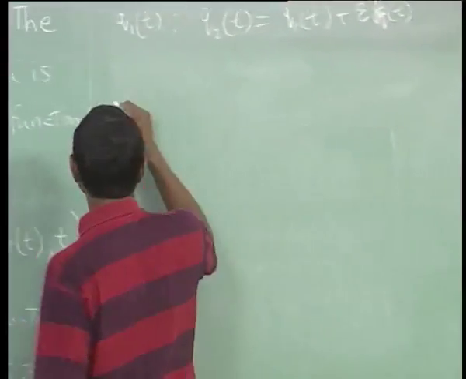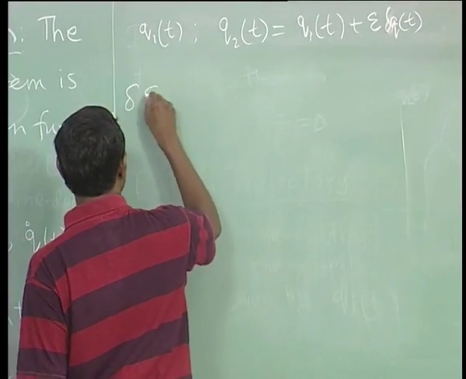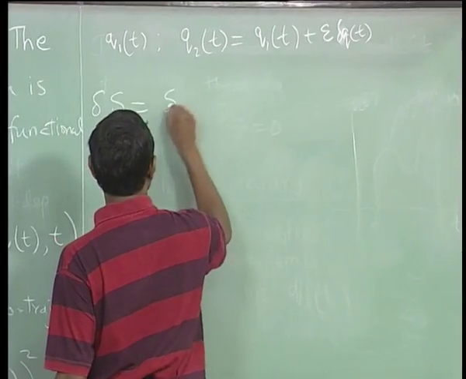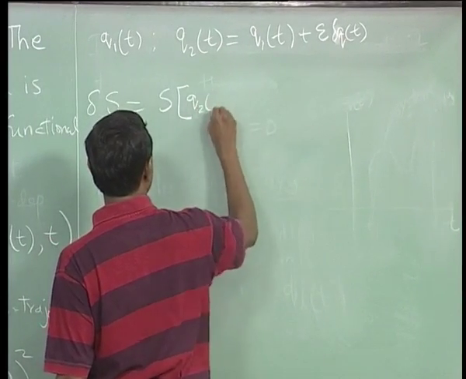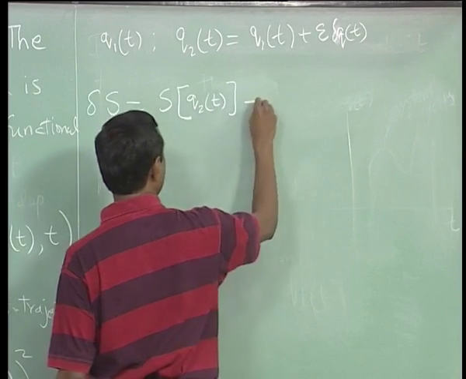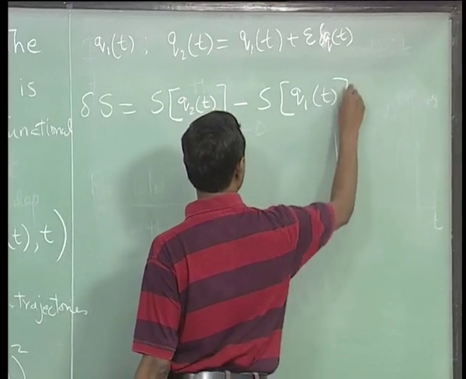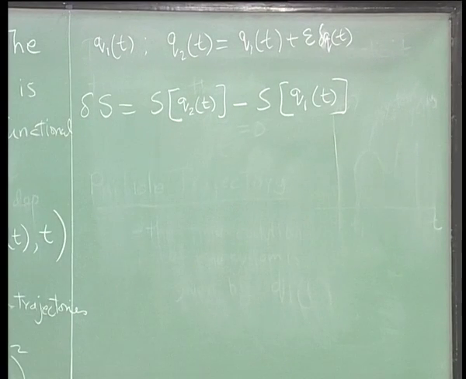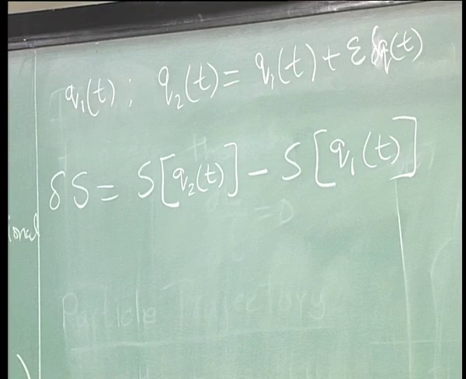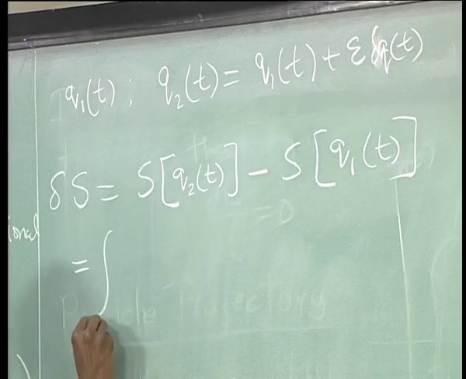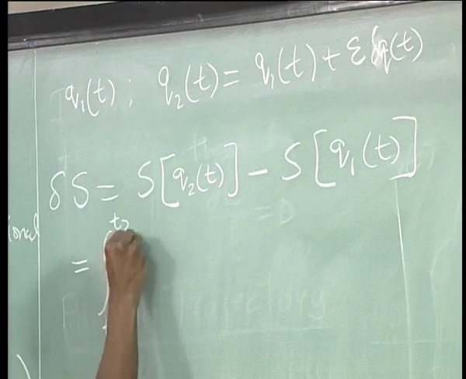So I will define delta S to be S evaluated for the trajectory q2 of t minus S of q1 of t. As it stands it is just a difference of two numbers, but next I will substitute for q2 in this form and use the explicit formula that I have.